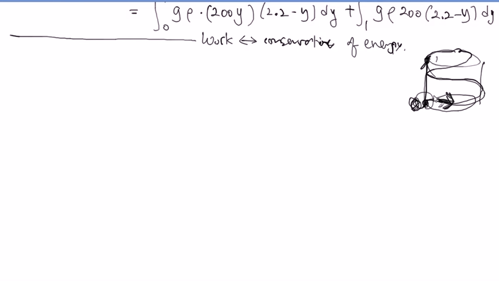So it doesn't matter how you go around; all that matters is where you begin and where you end. And if the gravitational force field allows you to conclude something like this, that force field is called a conservative vector field. You probably heard about it, and maybe you will hear later in physics and Calculus 3.